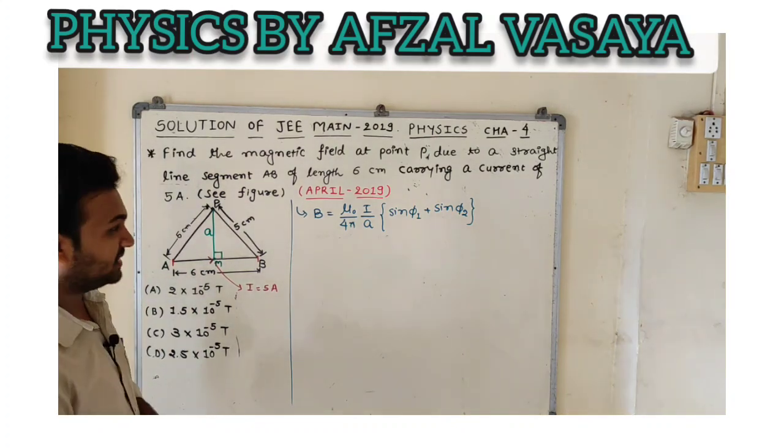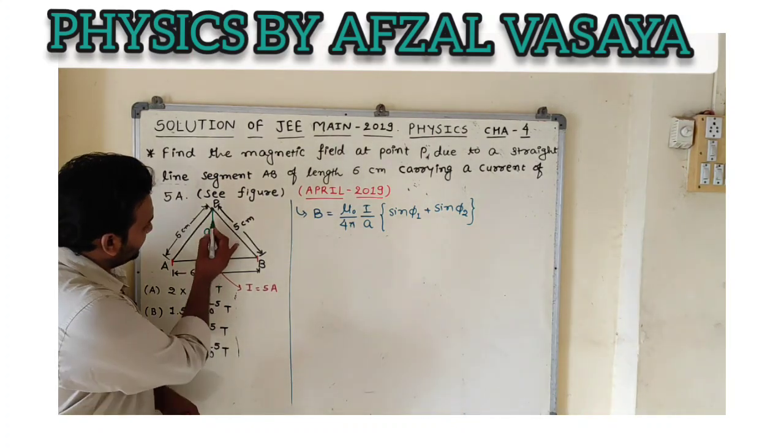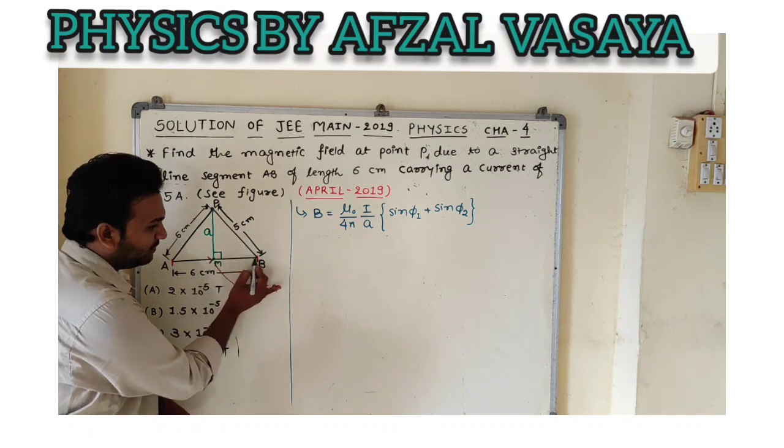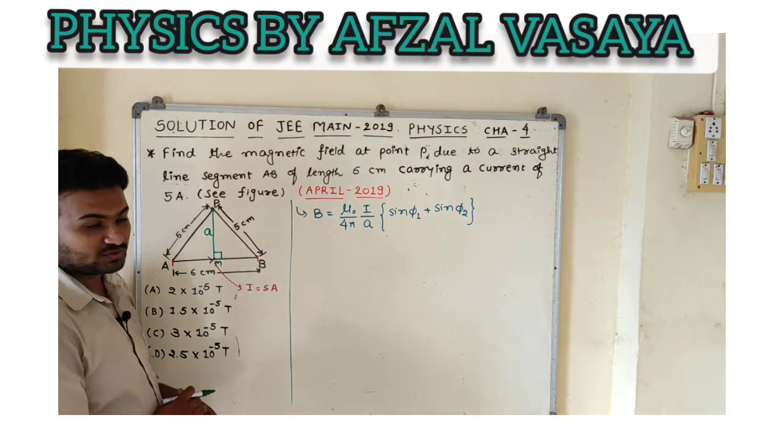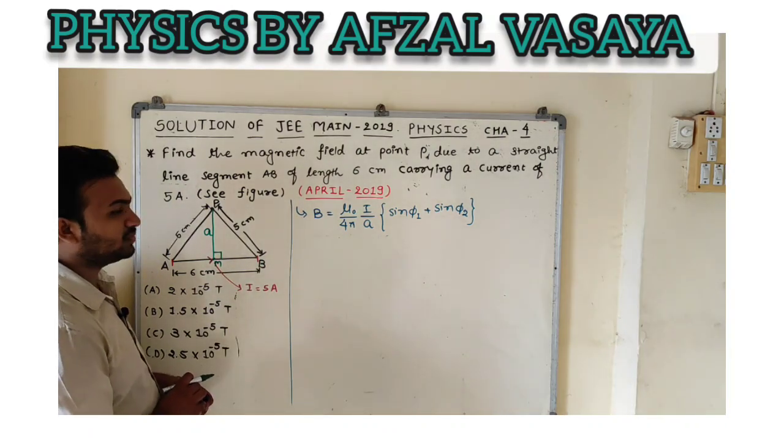Now, you can see that triangle PMB is a right angle triangle, so we can apply the Pythagoras theorem.